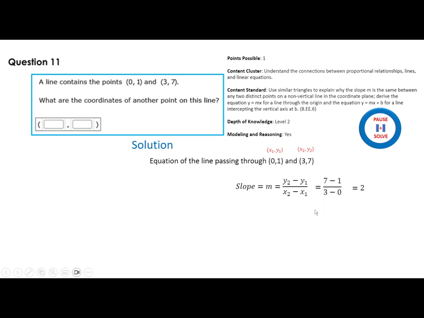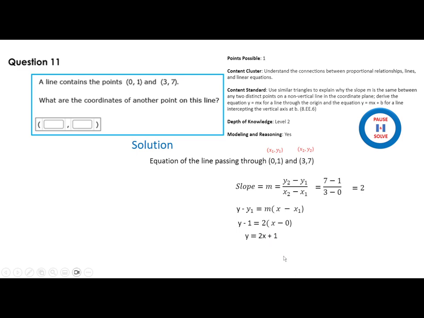You get 2. Now for the equation, I'm going to use this point. You can also use this point if you want. y minus y1 equals the slope times x minus x1. So let's substitute here: y minus 1 equals 2, the slope, times x minus 0.